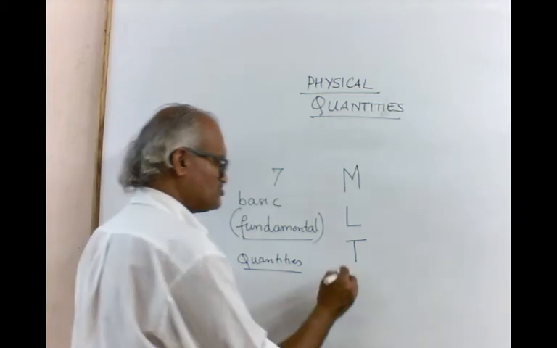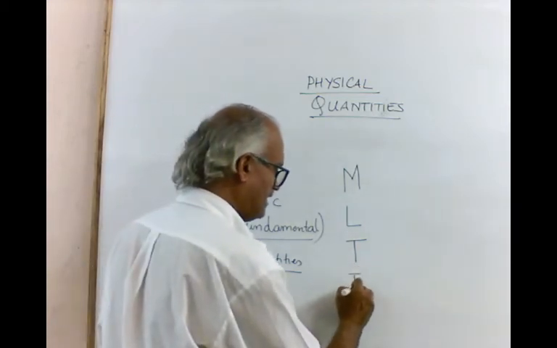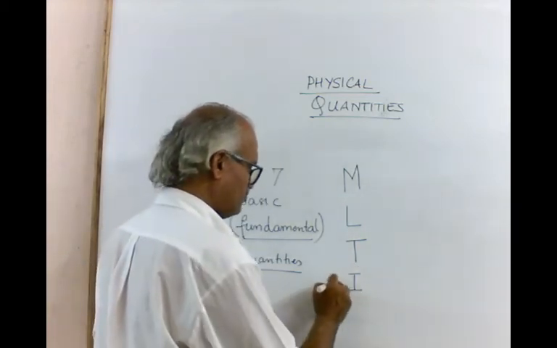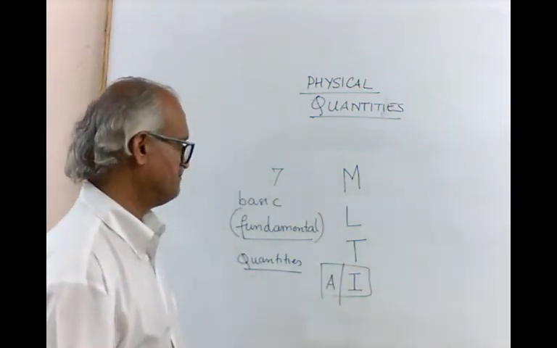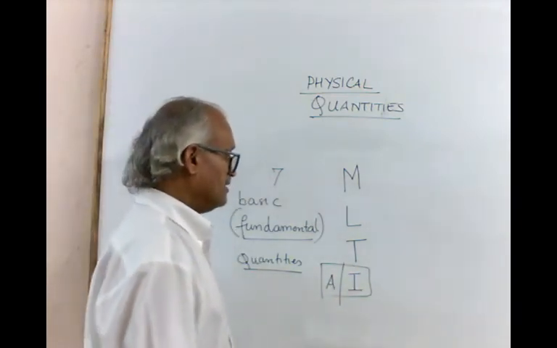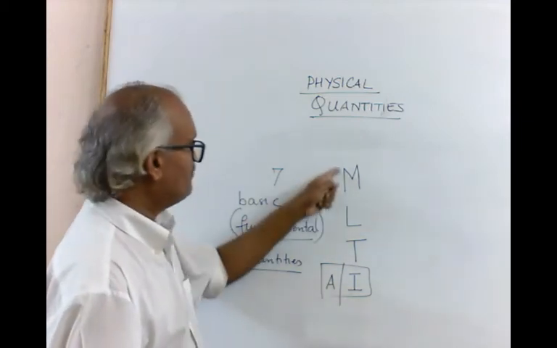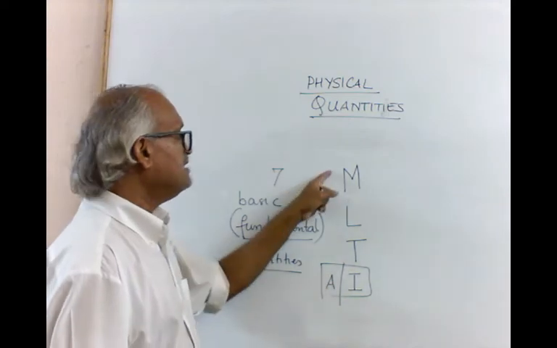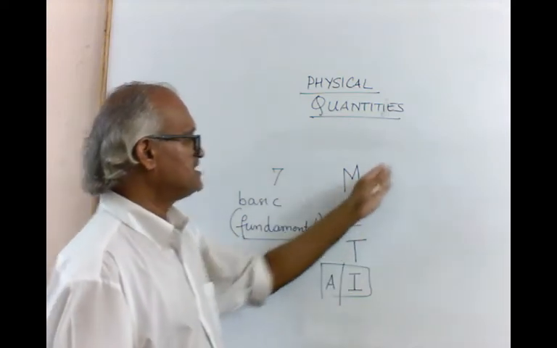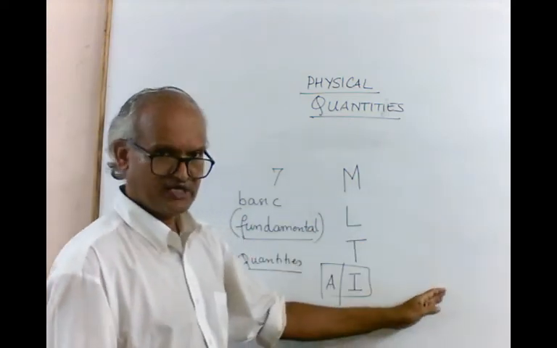and for current, some people use A, some people use I, both are used. It depends. You can use any of these. For the moment we will restrict ourselves to these. Using some of these, as we said, you get the various other quantities.